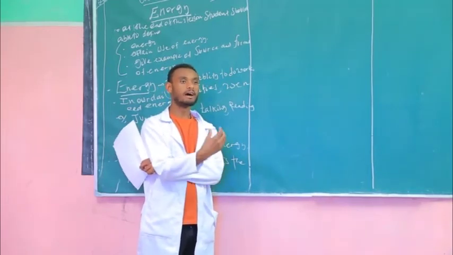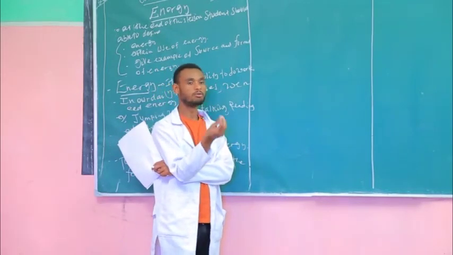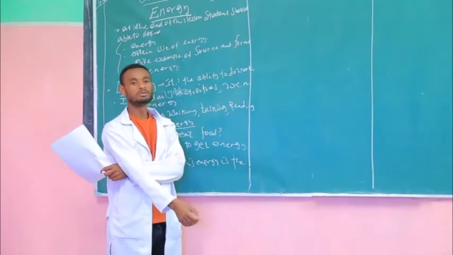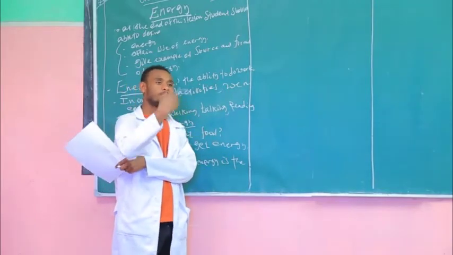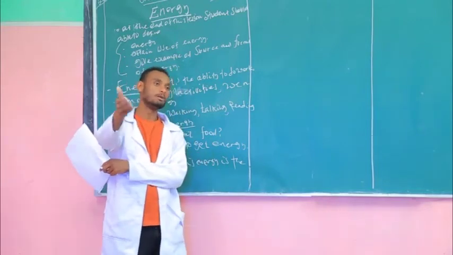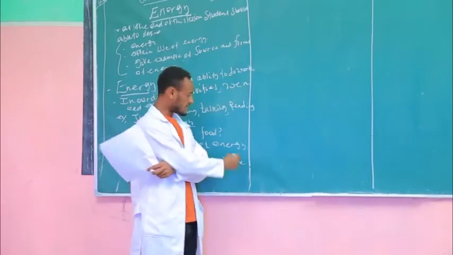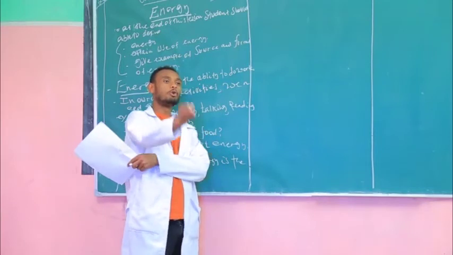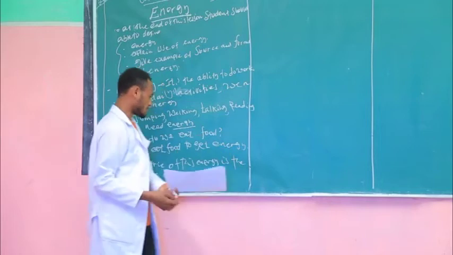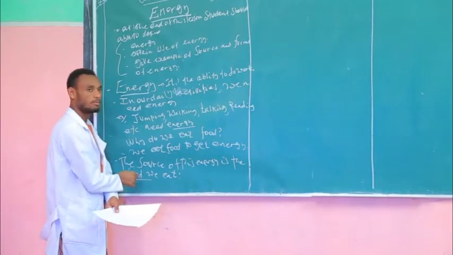By that time, indirectly you get energy from the food that you eat. That's why it enables us to talk, to jump. It keeps our life systems and body functions continuing. So the energy which enables the body functions to continue comes from the food that we eat.